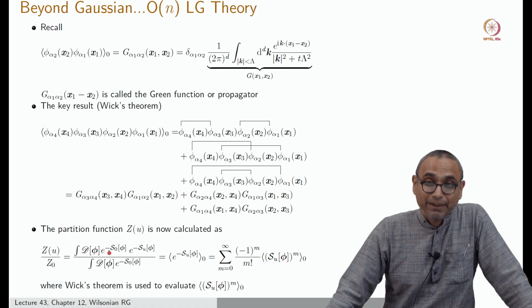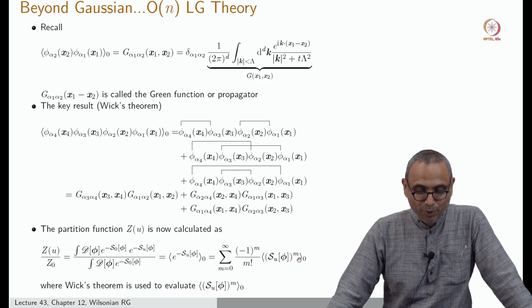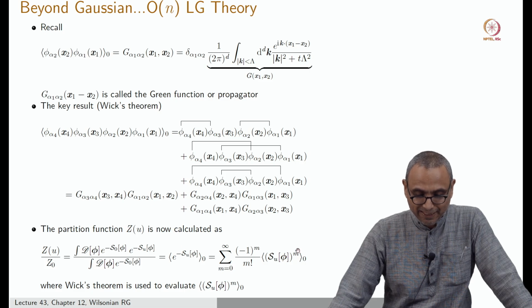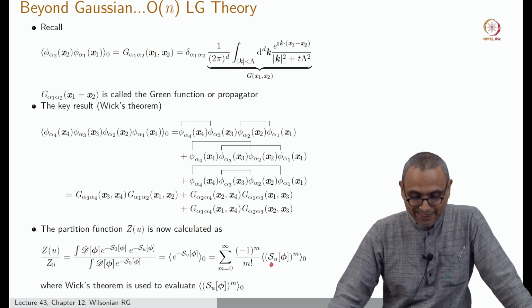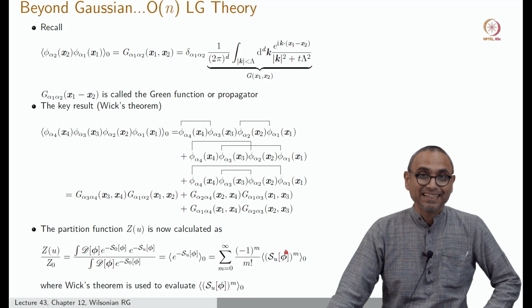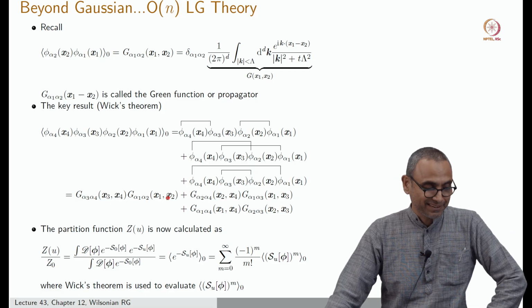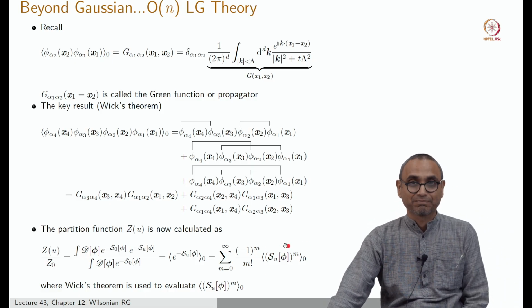But this by definition is the expectation value in the Gaussian theory of e to the minus SU, which we now expand in a power series, and I have just written minus 1 to the power m over m factorial. I take the power of this and raise it to the power m. Remember, this is a number for any given field configuration, and this to the power m, and I take the expectation value on 0. And the main idea is that if I have this, I can use Wick's theorem, this idea, to evaluate terms associated with this thing.